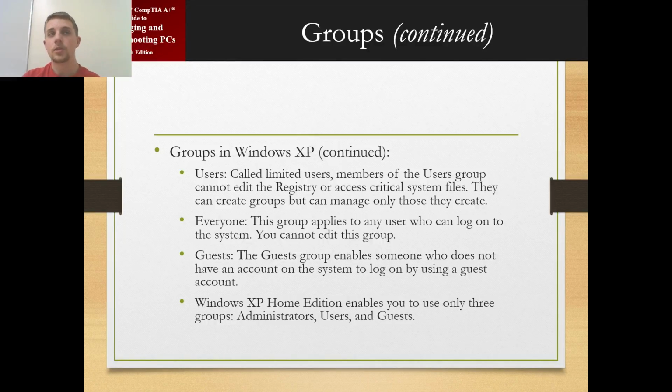In Vista and 7 they're called standard. They basically can't do anything unless you specifically let them do it. Everyone is what it sounds like. It encompasses everyone, except for guest. Guest is a separate entity in itself.